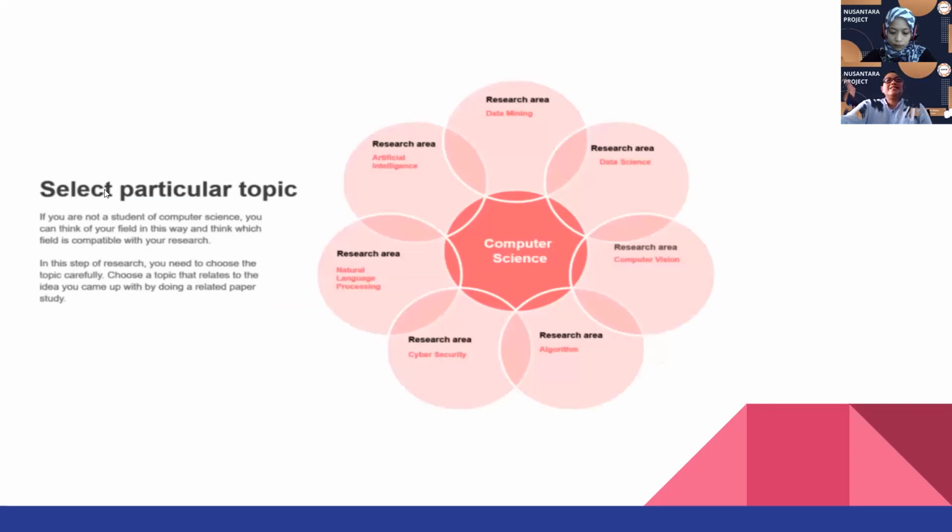Okay. This is how to select a particular topic, for example. Today is the hot issue about big data, so I will show you an example of big data from the computer science subject.